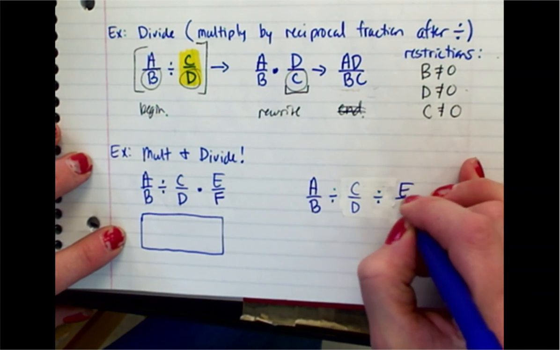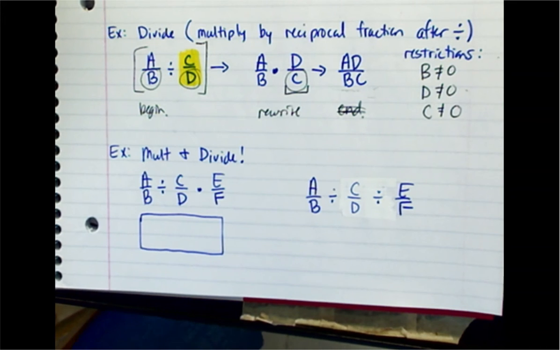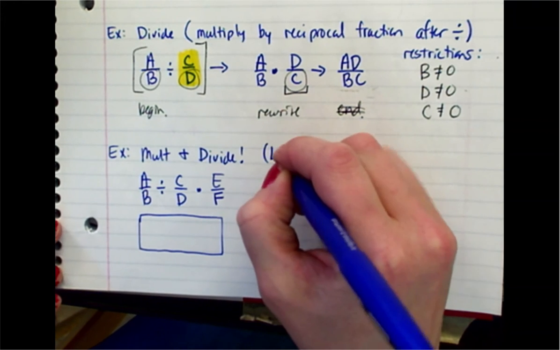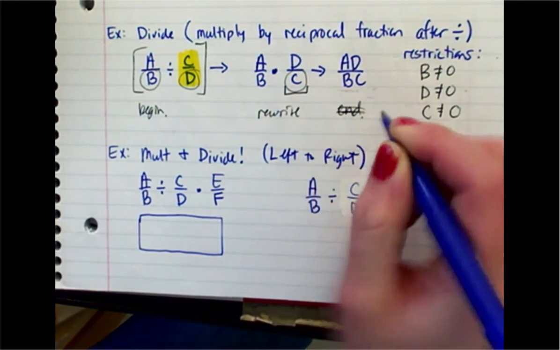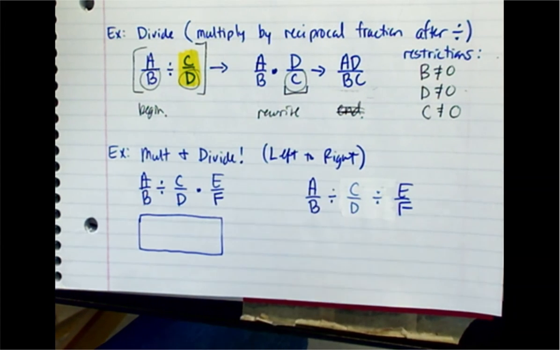What do you get? Okay, this is the only thing you guys mess up. You basically know how to factor and cross stuff out. It's when I start mixing the operations and you've got more than one of them. So you go from left to right. There's no grouping symbols here, guys. There's nothing that tells you what to do first, which means you go left to right. And so I'm going to highlight the things that I need to reciprocal.